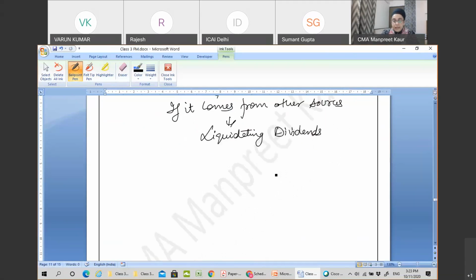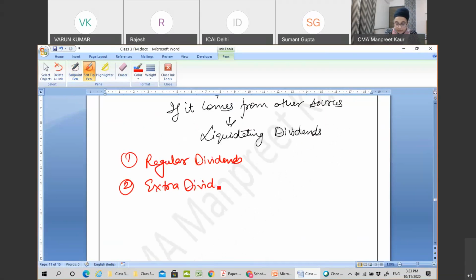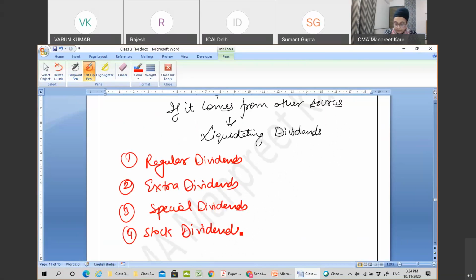Dividends are of many types. First is regular dividends. Second is extra dividends. Third is special dividends. And fourth is stock dividends. What is a regular dividend? It is a dividend the company expects to maintain and give to its shareholders.